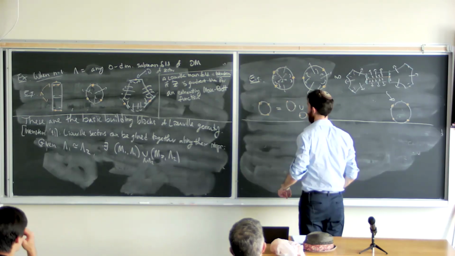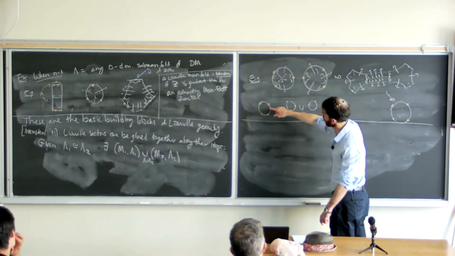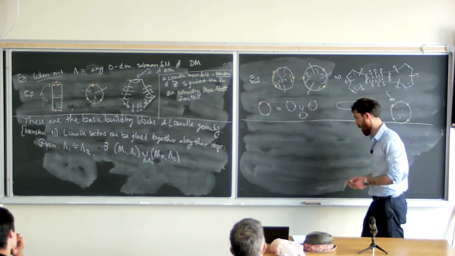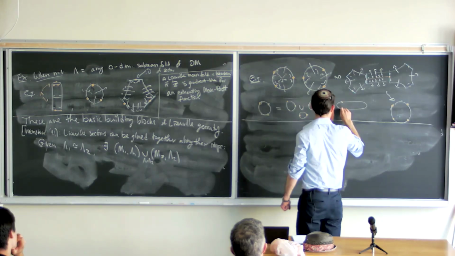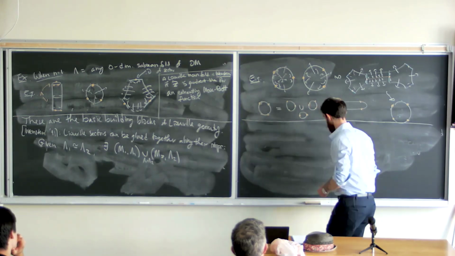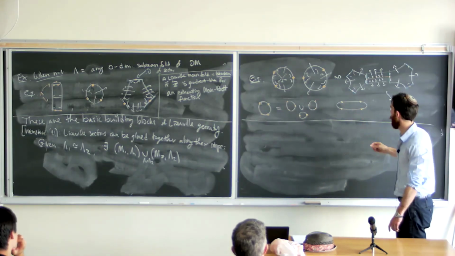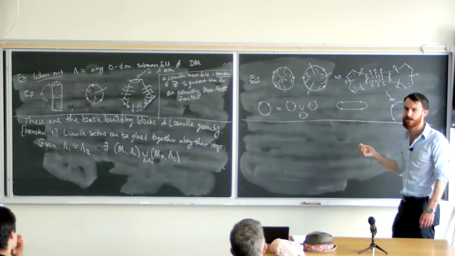Maybe let me draw it this way. Suppose I elongate this disk so it looks more like this, and then I try to slice up this disk.